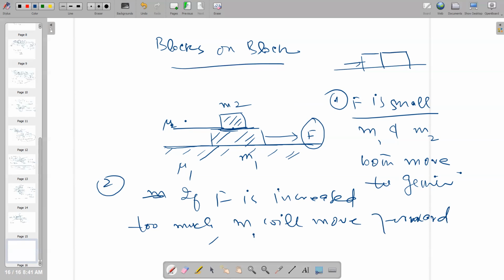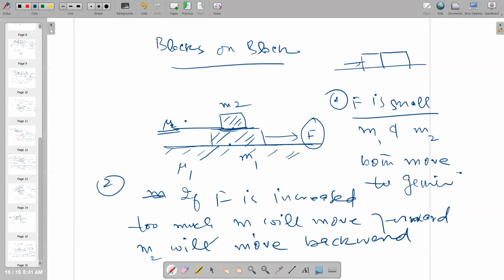M1 will move forward and M2 will move backward, because mu2 is not sufficient. So this mu2 is not sufficient to control it, to hold this mass.